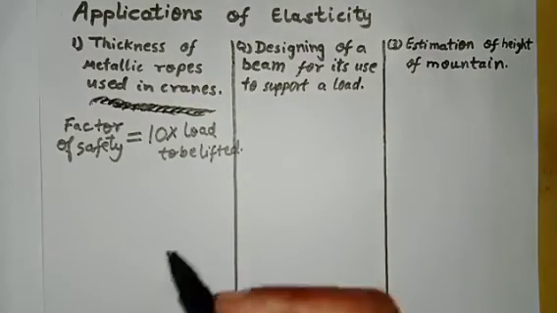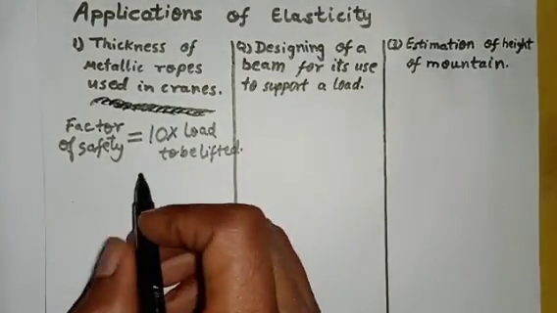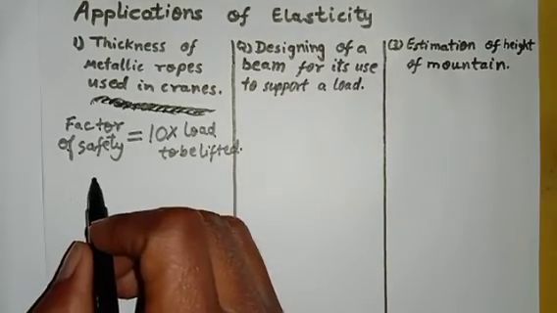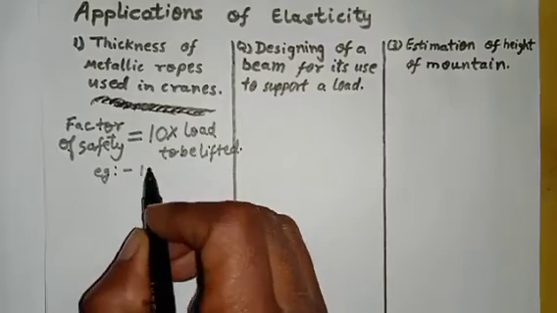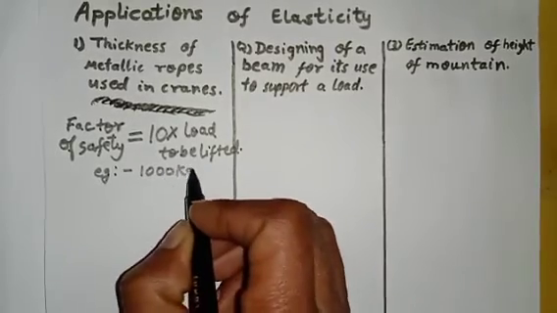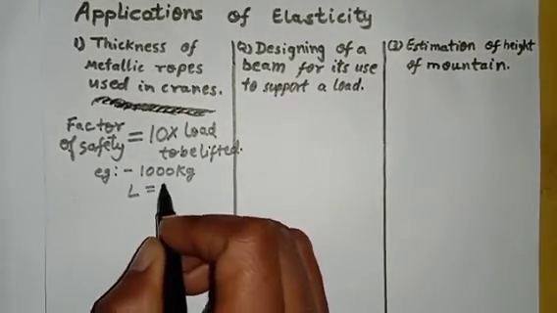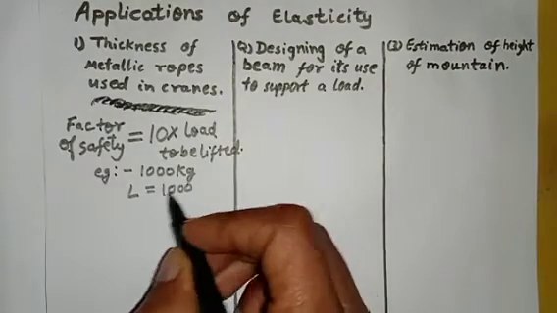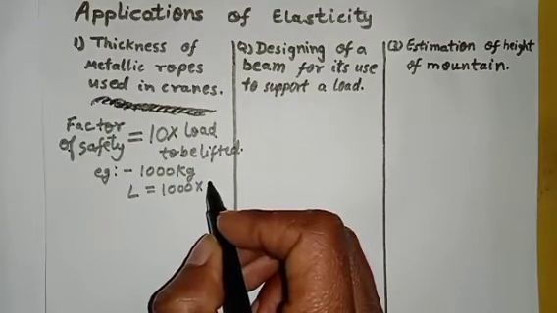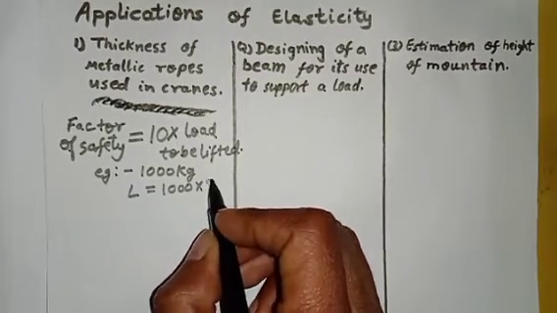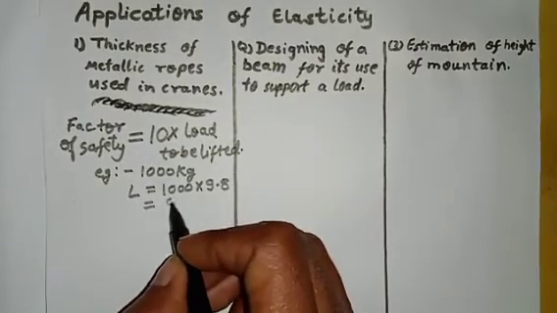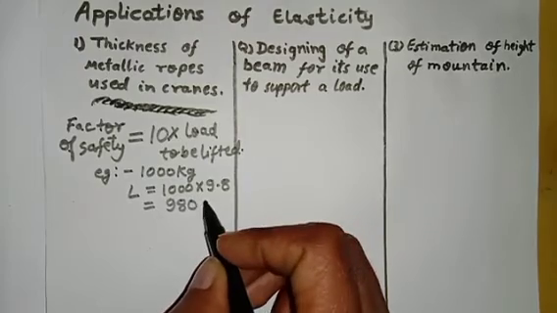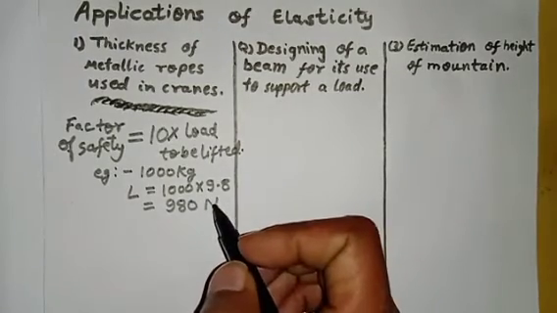So let us suppose we have to lift a load of a car of, for example, 1000 kg, that is load equal to 1000 into 9.8, because load equal to mg, so it will be 9800 Newton.